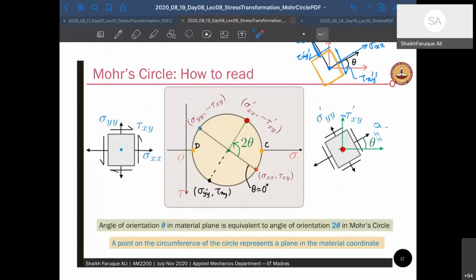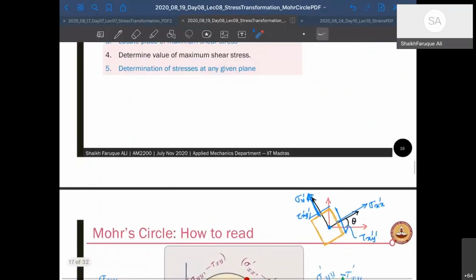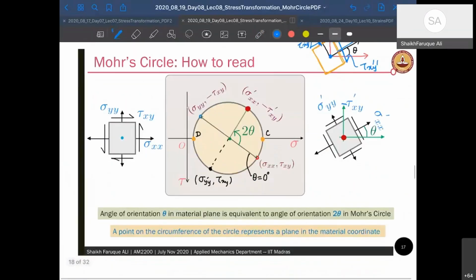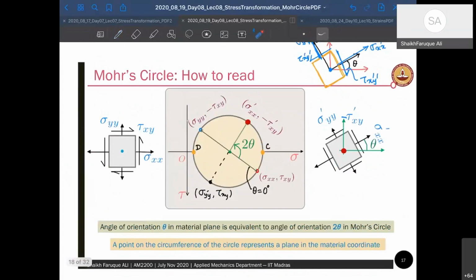Remember, the principal stresses are always normal stresses. Right? Maximum normal stress, as you know, will be diametrically opposite on the circle. So these are the two, maximum and minimum. So C is maximum and D is the minimum point, right? So that's my sigma max and this is my sigma min.